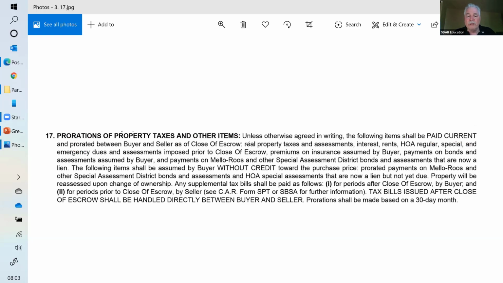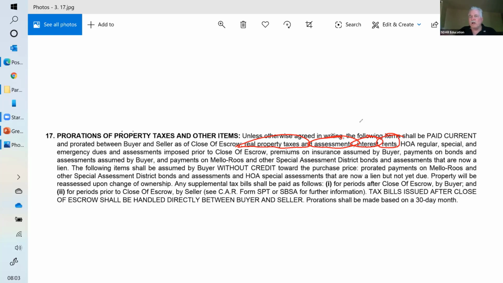It's going to be my real property taxes, so not personal, my real property taxes and any assessments, any interest, any rents. So there's a tenant in the property. Well, by the way, let me back up. Assessments, Mello-Roos, things like that are assessments against the property.